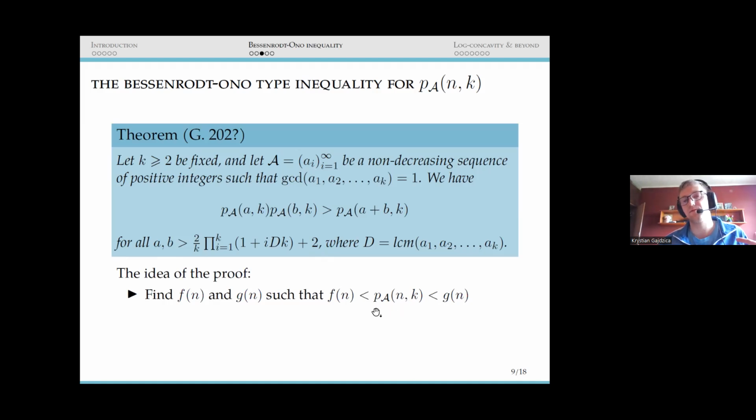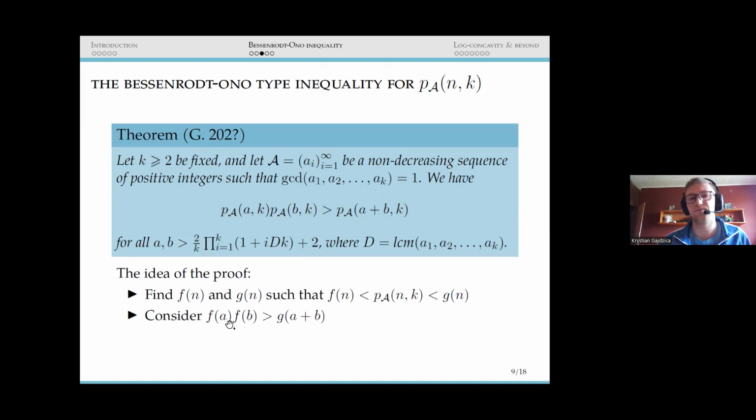And if we find such functions, then we just bound the left-hand side of this inequality from below and the right-hand side from above, and check under what condition on a and b the following inequality holds.